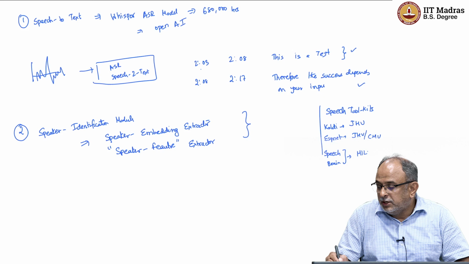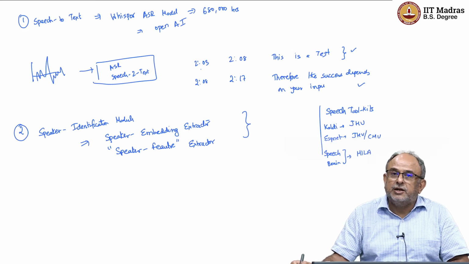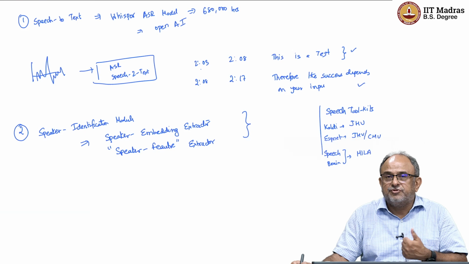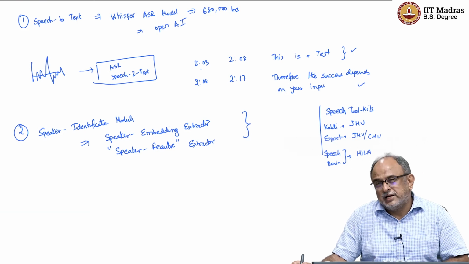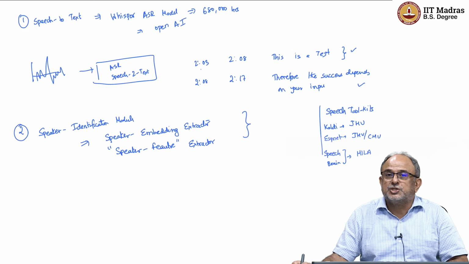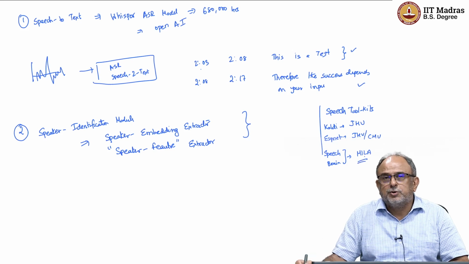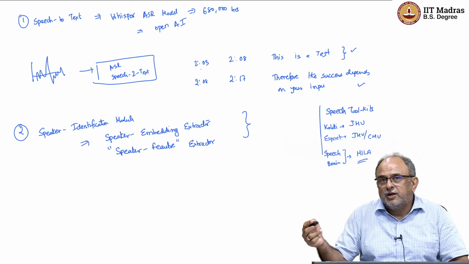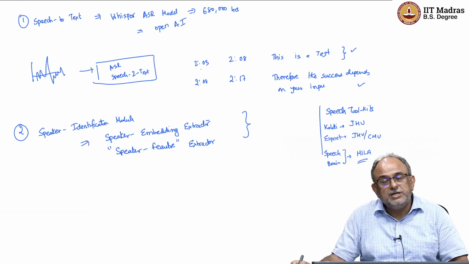If you know, there are three big people in deep learning: one is Geoffrey Hinton, the other is Yoshua Bengio, and the third is Yann LeCun. Actually, there's another very important person called Schmidhuber. He has also made a lot of contributions to deep learning. Okay, he's a German, but the Mila lab is basically from Yoshua Bengio, and some of his lab faculty members have developed something called SpeechBrain.